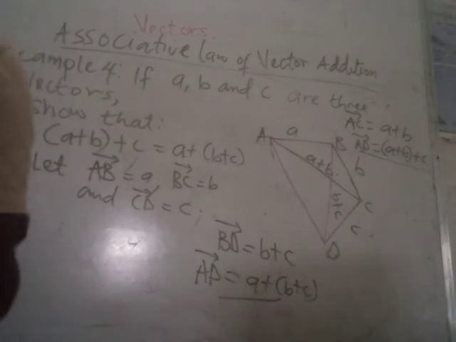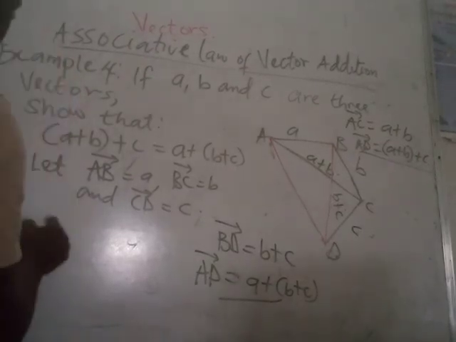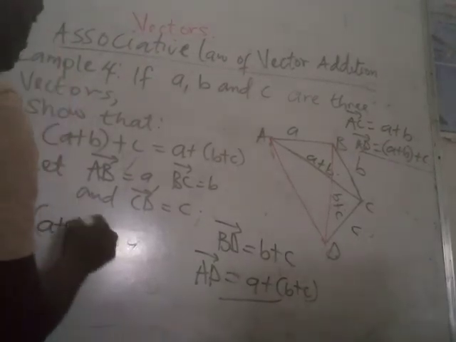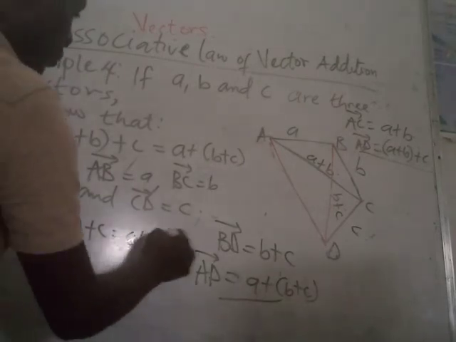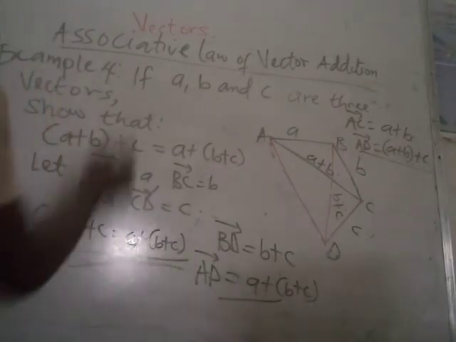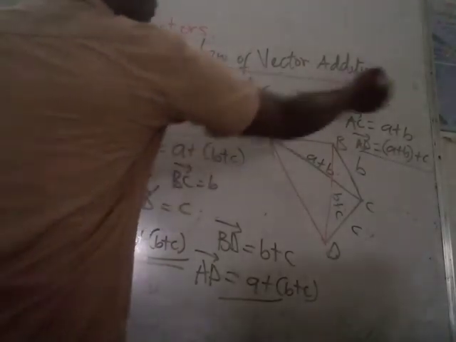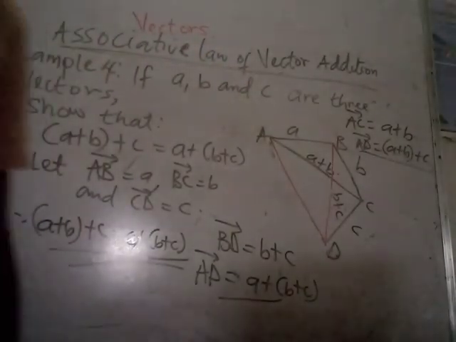Therefore, we can say that (A plus B) plus C is equal to A plus (B plus C). This is known as the associative law of vector addition.